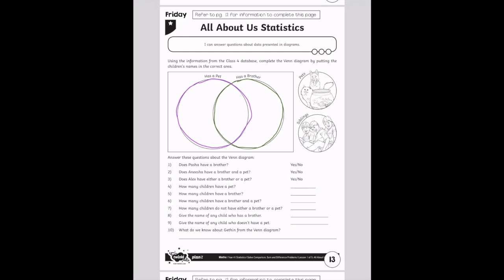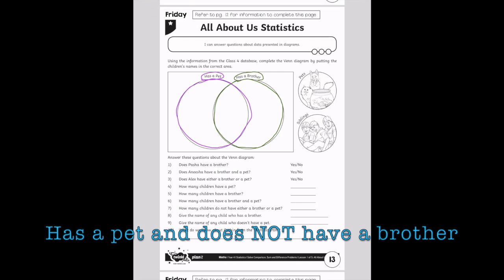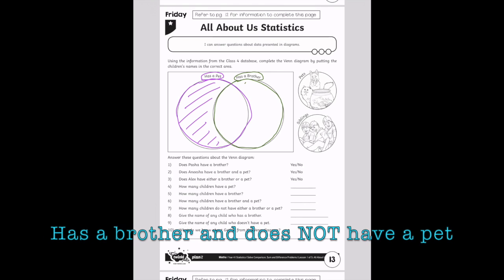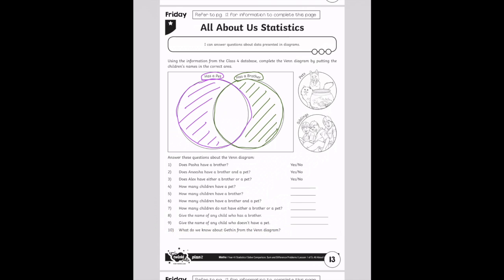So this green hoop is for has a brother, and this purple hoop is for has a pet. Okay, so anyone that has a pet would go in this purple section here. Anyone that has a brother would go into this section here. Now, what is this middle section here?